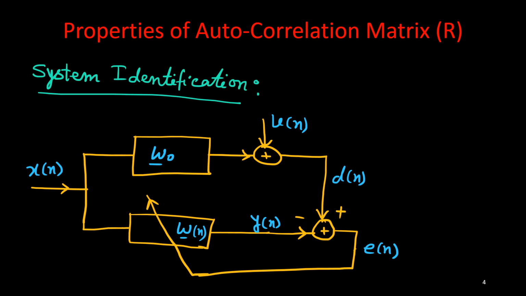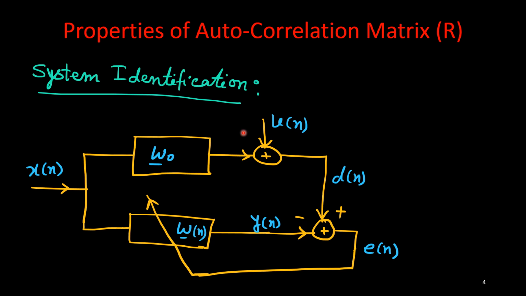In my previous lectures, we have discussed several applications of adaptive filters. But throughout this course, we'll consider one application, that is the system identification problem. This block diagram we have already considered.